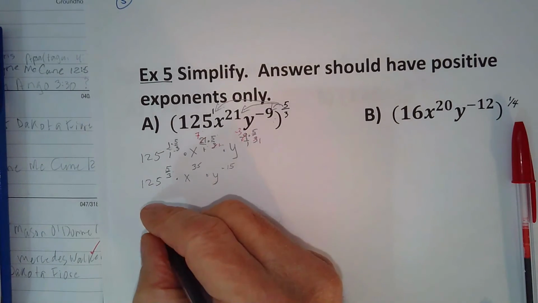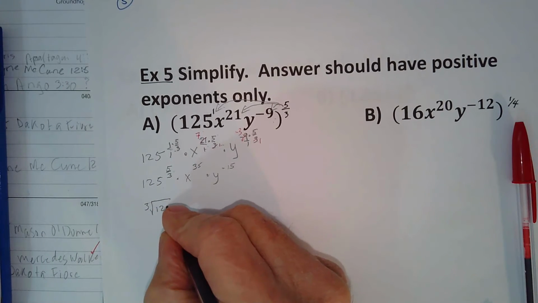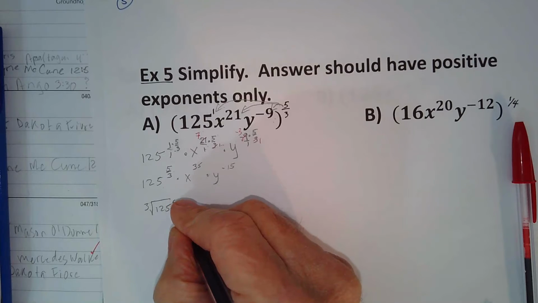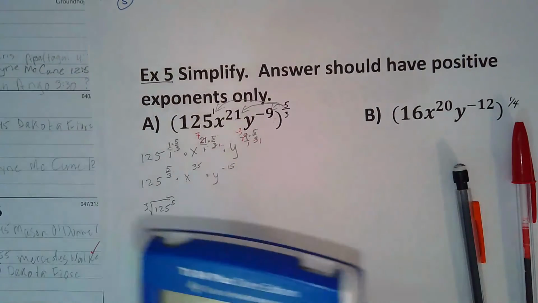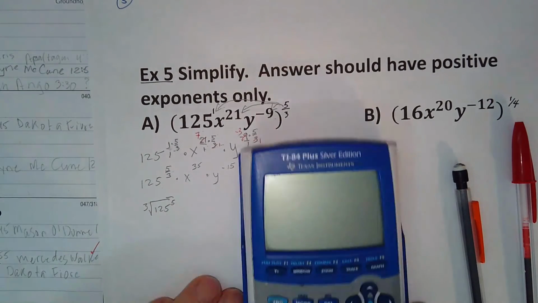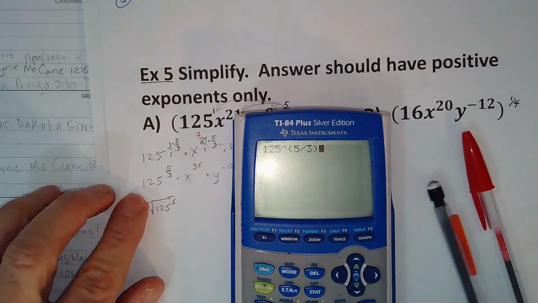I know that that's going to be the cube root of 125 to the 5th. But that's kind of complicated to figure out the roots and all. So why don't I just take the 125, and then the caret and then parentheses, 5 divided by 3, close the parentheses. So that's what I had up here, right?